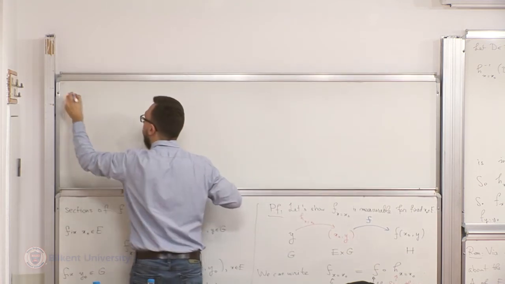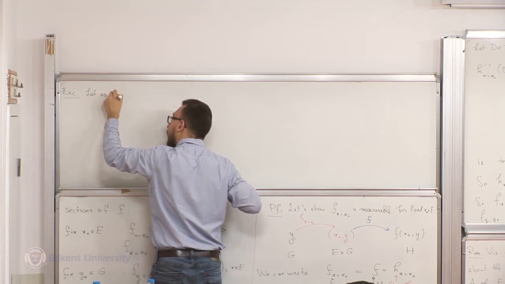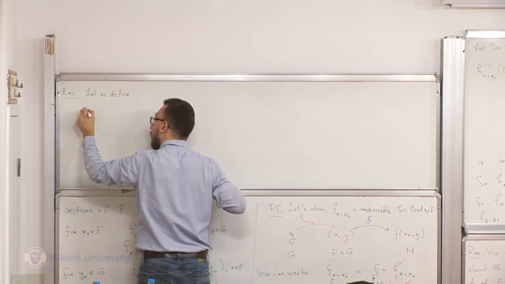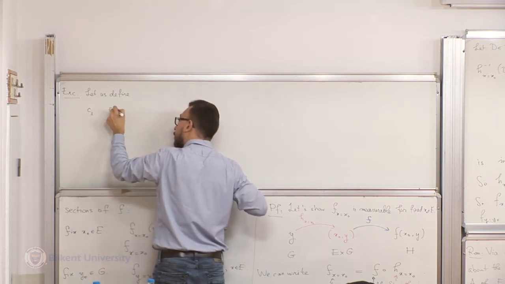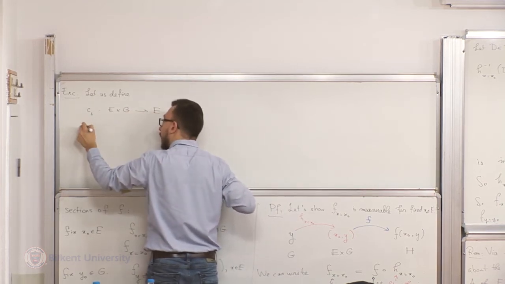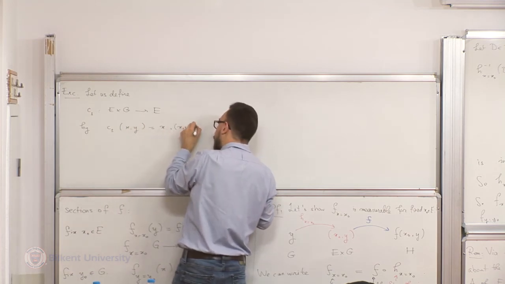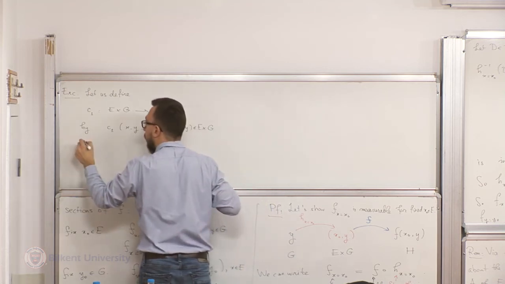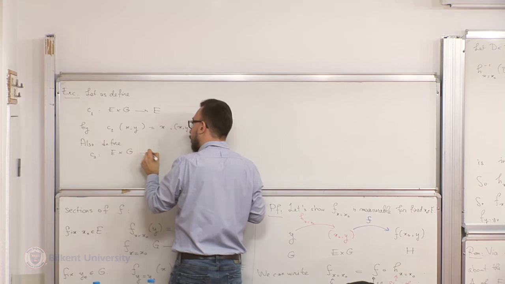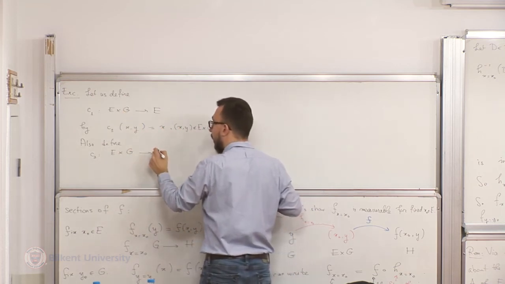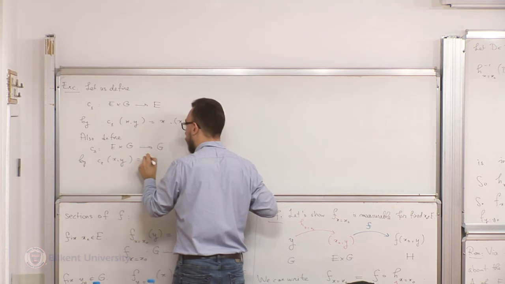So an exercise is that, let us define the coordinate 1 function from E cross G to E by C1 of xy is just x for every xy in E cross G. And also define C2, so just delete the first one, by C2 of xy is the second one.